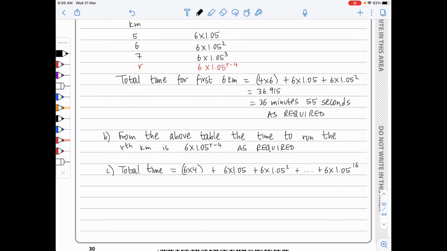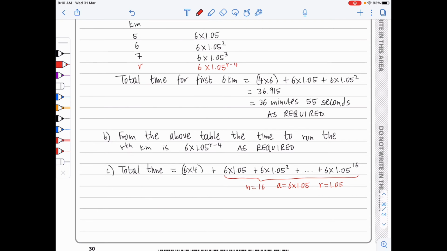So we've got a total here of 16 terms. So n is 16. The first term is 6 times 1.05 and the common ratio is 1.05.